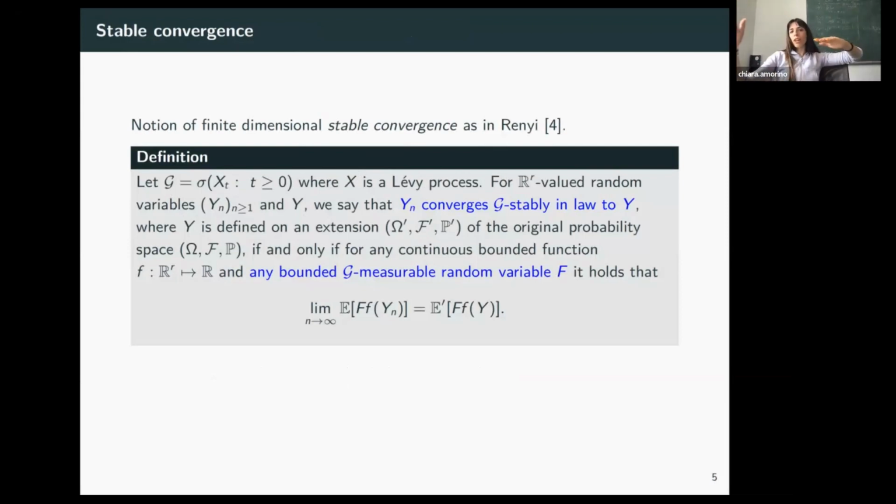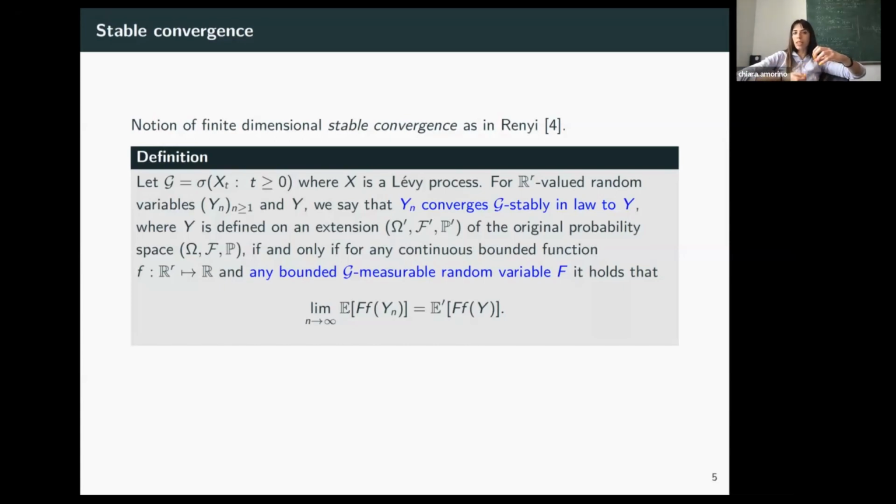Then you have a sequence of random variables Y_n, and you want to say that Y_n converges stably in law to some Y. There are some technicalities to consider. First of all, you have to consider an extension of the probability space, and Y is going to be on the extension of the probability space.